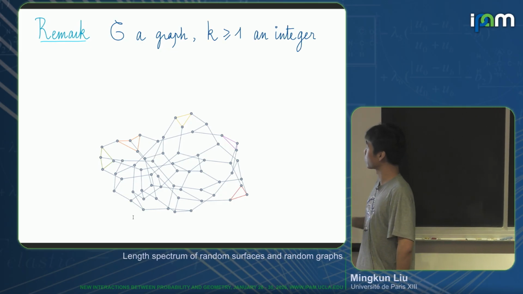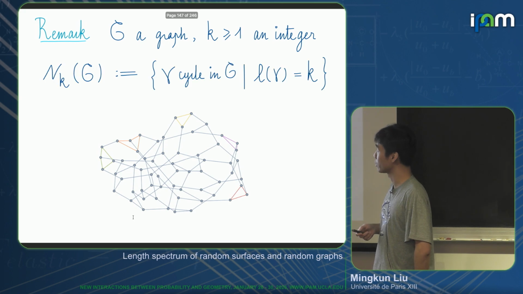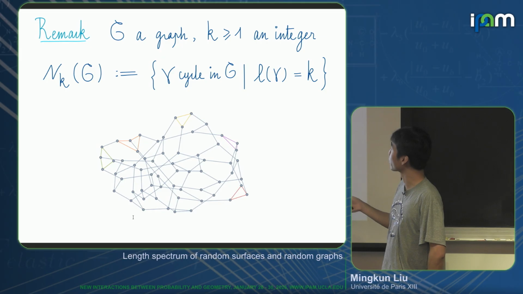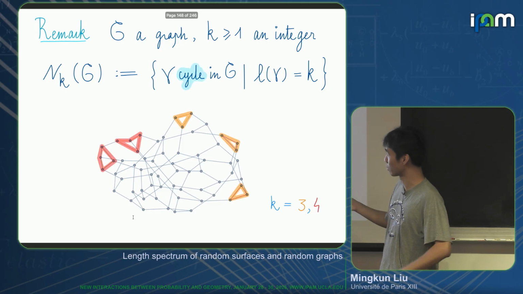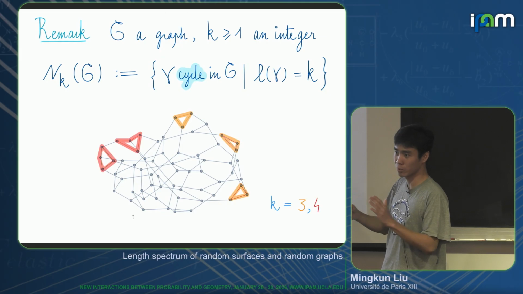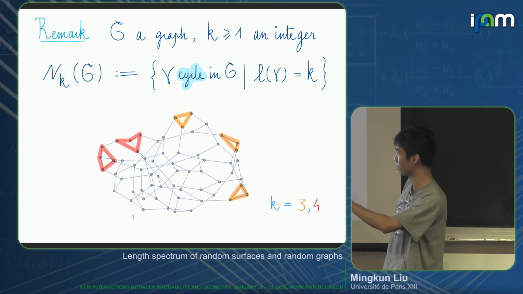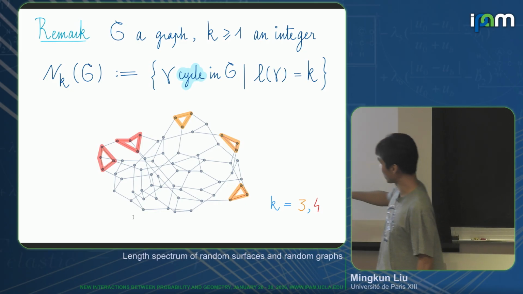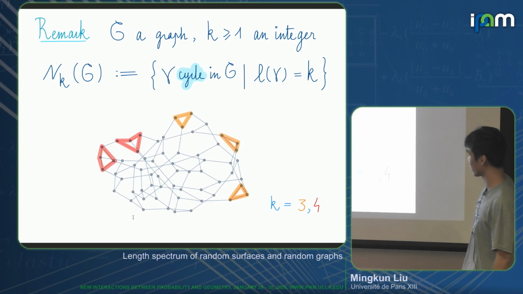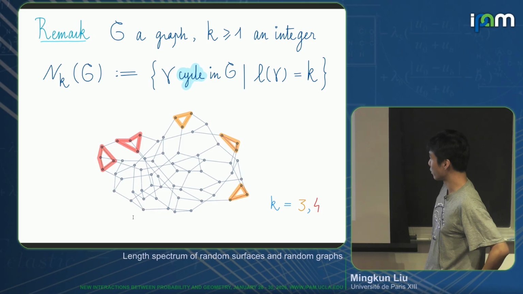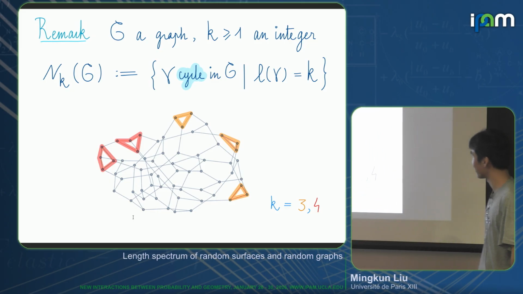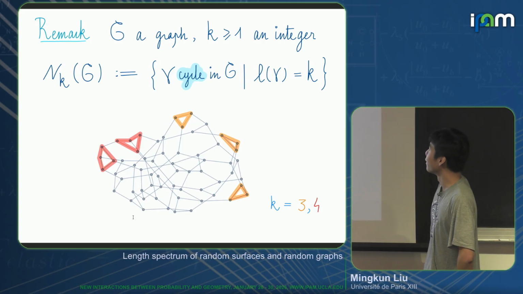For a graph, where k is a positive integer, you can count the cycles of length k. Cycles are just closed loops where you pass by every vertex at most once, and the length is just the number of edges forming it. Here I colored the cycles of length 3 in orange and length 4 in red.